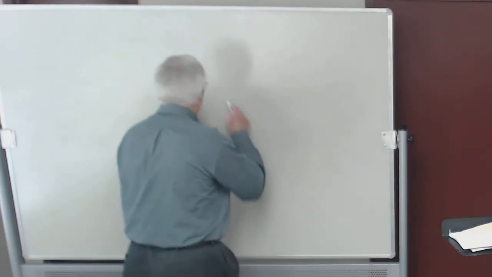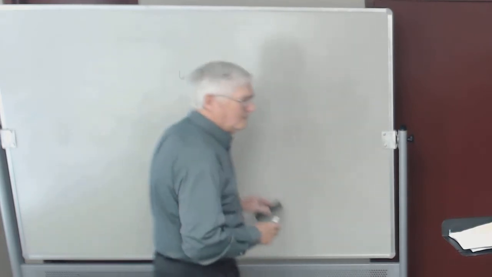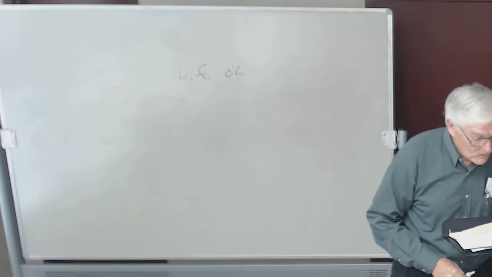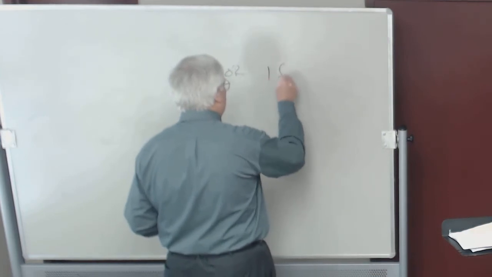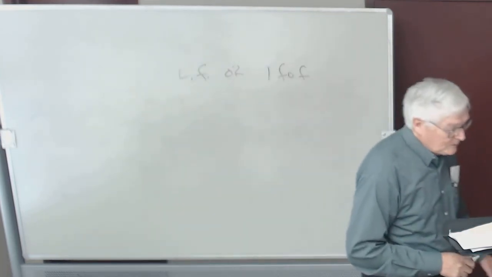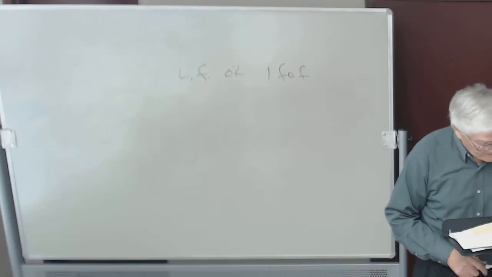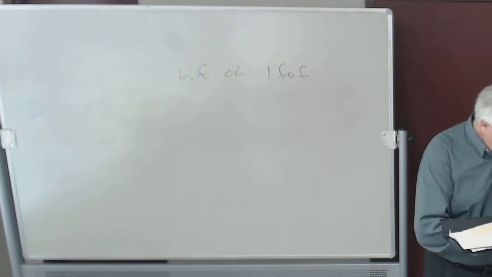So I want a long form, or what's the other thing? An incorrectly filled out form. So what's the probability of a long form? There's 2 kinds of long forms.